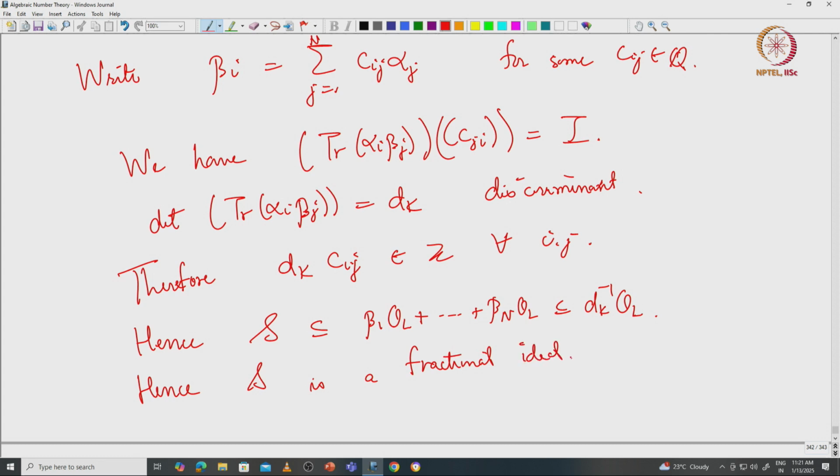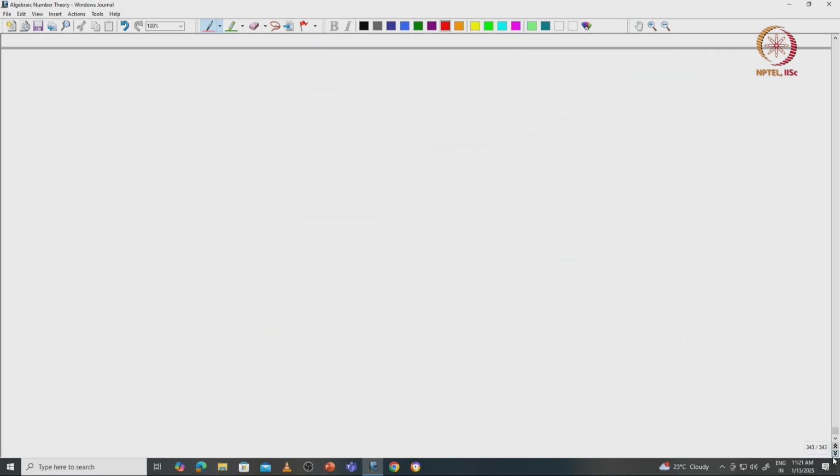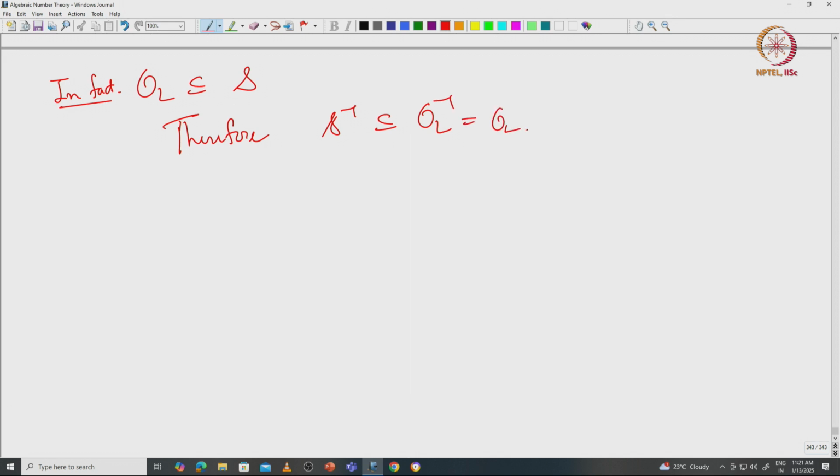And it is non-zero because 1 belongs to S. Well, not just 1, we have OL contained in S. Therefore, S inverse is contained in OL inverse, which is just OL of course. So, S inverse is an integral ideal.